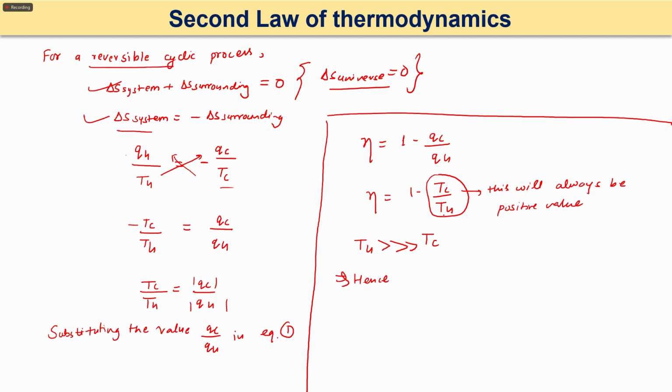If this is the case, we are subtracting it from 1, so it will always be less than 1. That means your efficiency will always be less than 1.